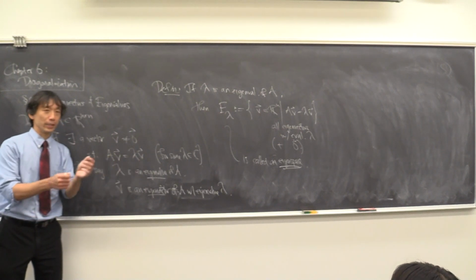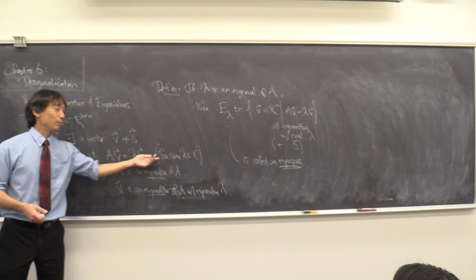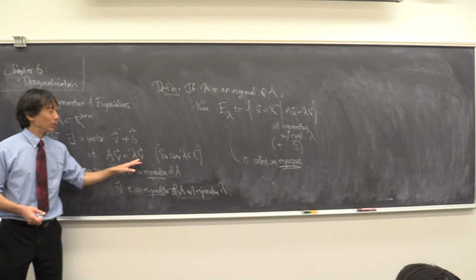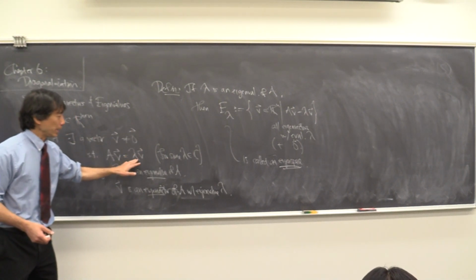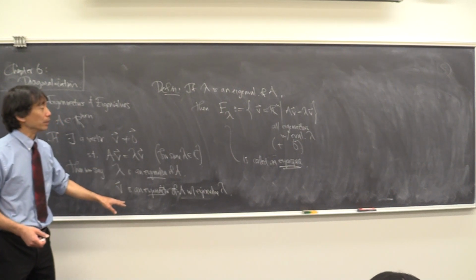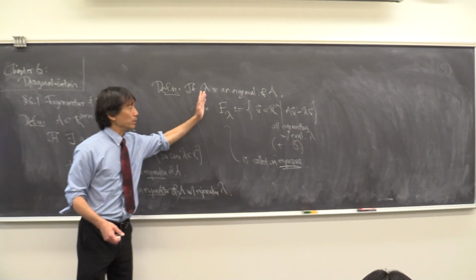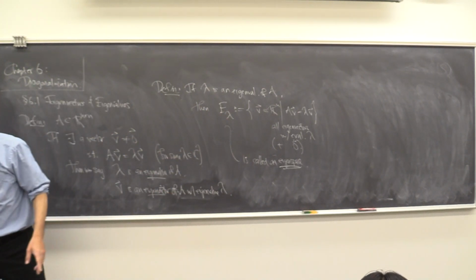You hit them, and they just get scaled by a scalar. It's a complex scalar, so maybe not so simple, but it just gets scaled. The scaling factor is called the eigenvalue. The thing that gets scaled is the eigenvector. The collection of all the eigenvectors plus 0 is the eigenspace.